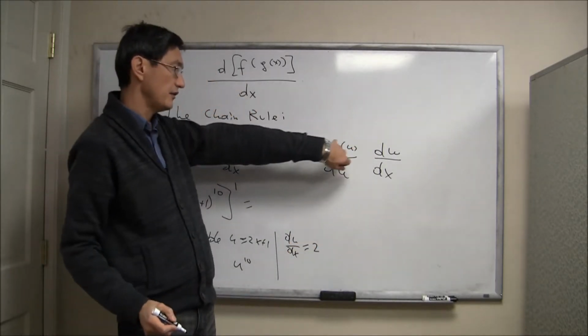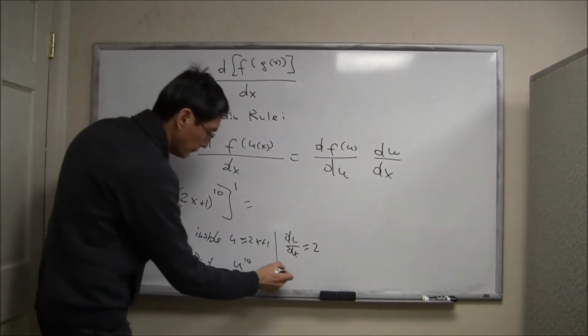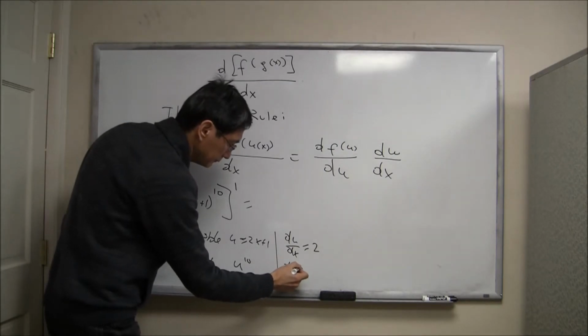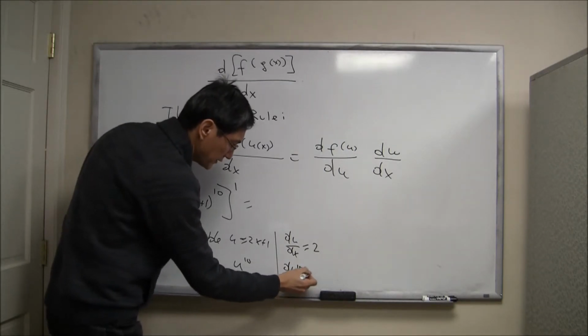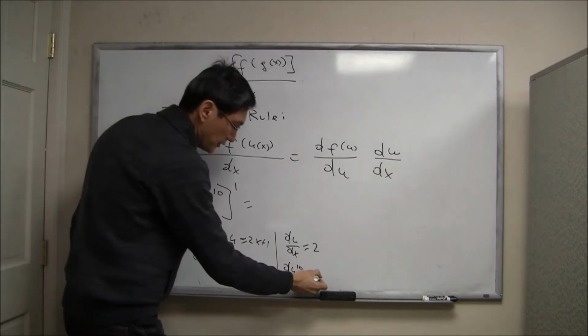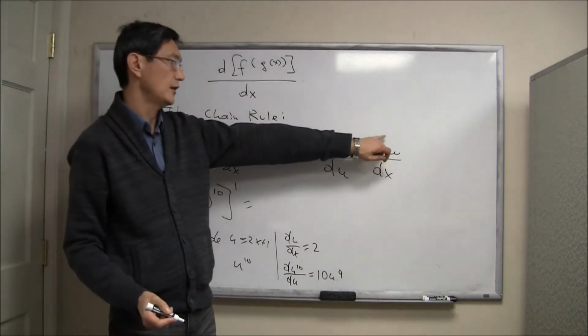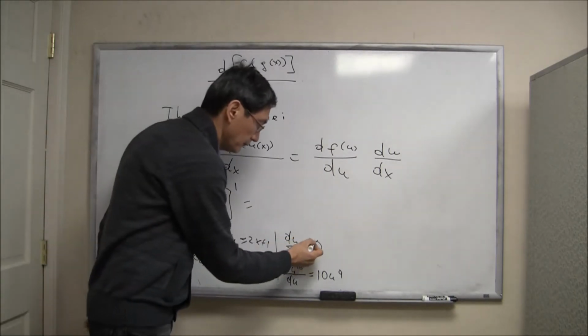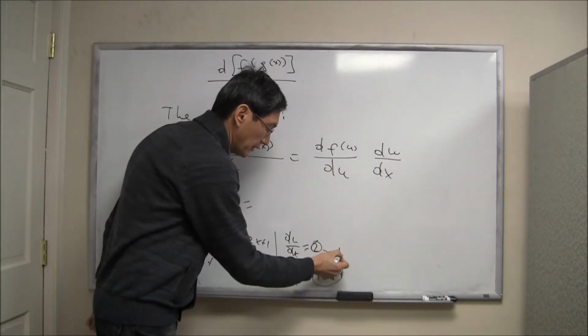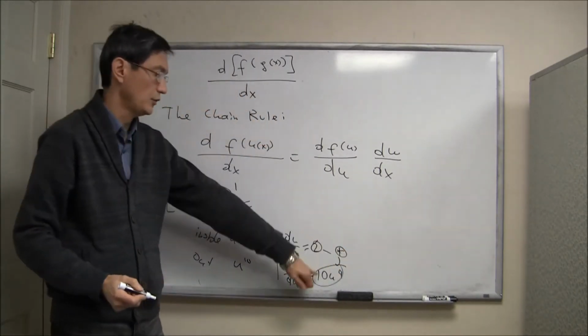It says take the derivative outside with respect to the inside, so the derivative of this one gives you 10 u to the 9. And what the chain rule says now is take these two and multiply them.